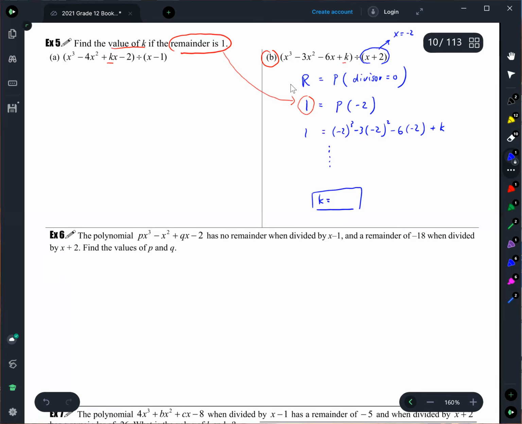Does anyone have questions about any steps here? How we get a 1? Or how we get a -2? Okay, you can let me know.